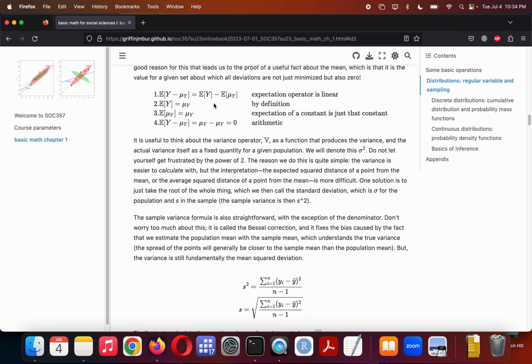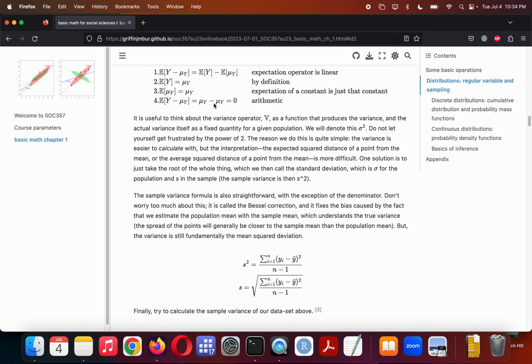Okay, I wanted to make one more note here too. Just as we saw above the distinction between the expectation and mu, there's a similar distinction that we can make between the variance operator, boldface V here, and the actual variance itself, which is a fixed quantity for a given population, which we'll write with lowercase sigma squared.